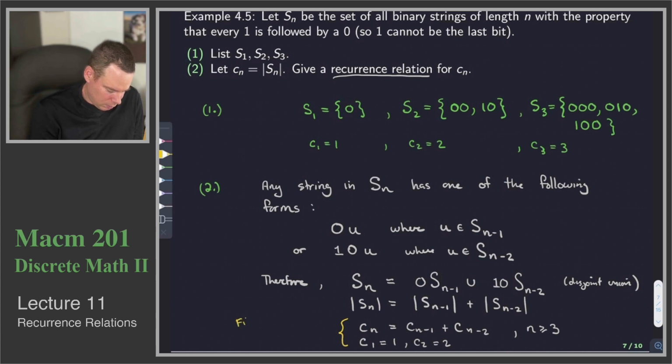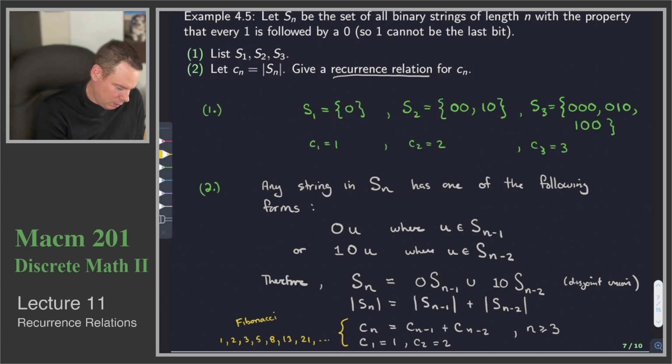So notice that this is essentially the Fibonacci sequence. And we can use these now to generate the terms of our sequence. C sub 1 is 1, C sub 2 is 2, and then to get the next term of our sequence it would be 3, 2 plus 3 is 5, then 8, then 13, then 21, and so on.